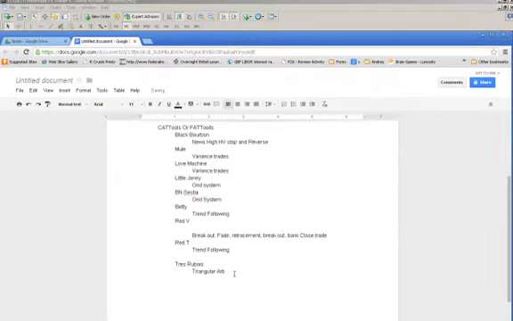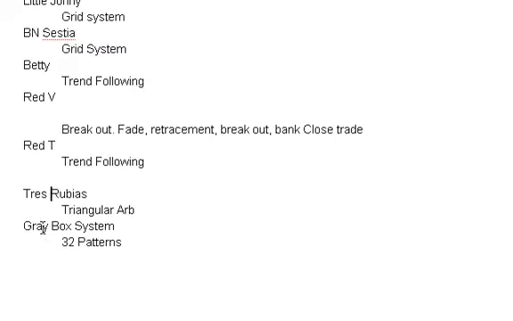It's got several different names. There's a gray box system with 32 patterns. It has a whole bunch of different names. And let's see, so that's 1, 2, 3, 4, 5, 6, 7, 8, 9, 10. There's two other ones, there's 12 that are in there that I'm trying to think of.